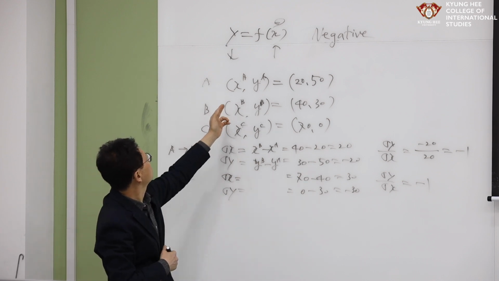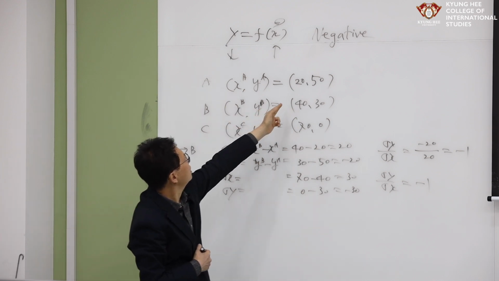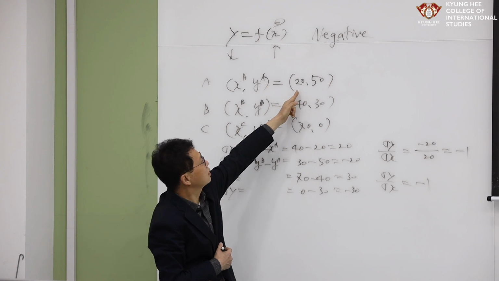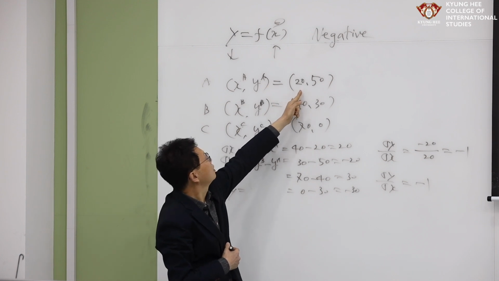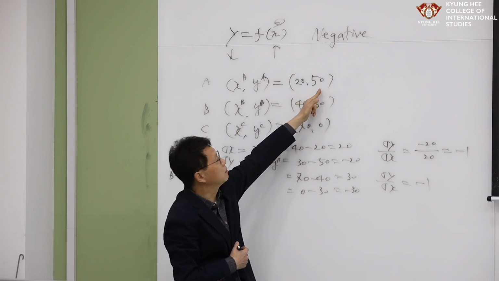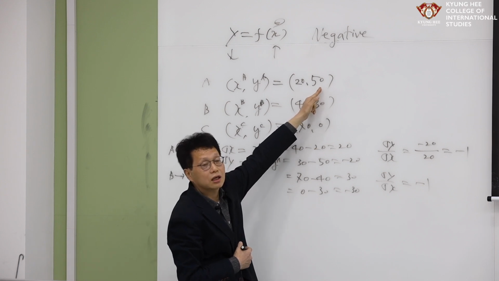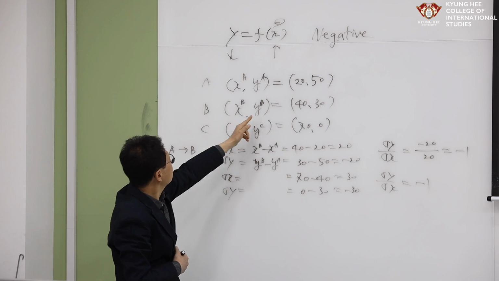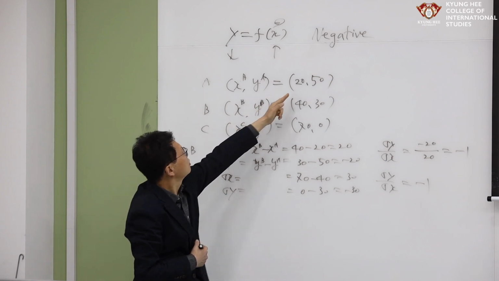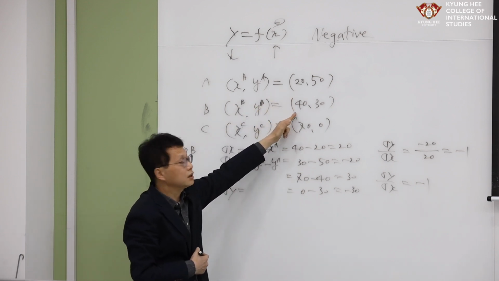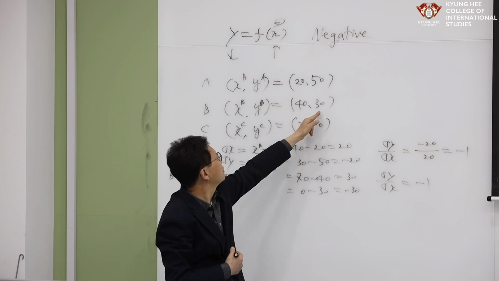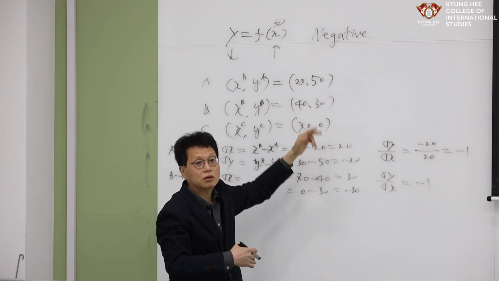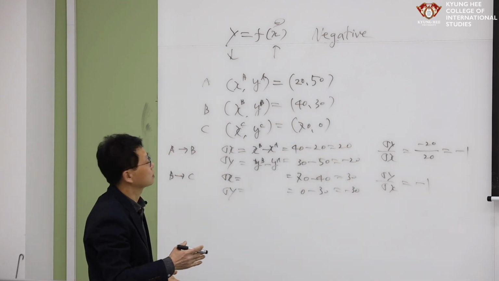I'd write, for example, at point A, X, outside temperature, 20. And consumption or demand for hot latte, hot Americano, 50 units. Okay? Outside temperature goes up from 20 to 40 degrees. Then demand for hot Americano decreases because it becomes hotter and hotter.